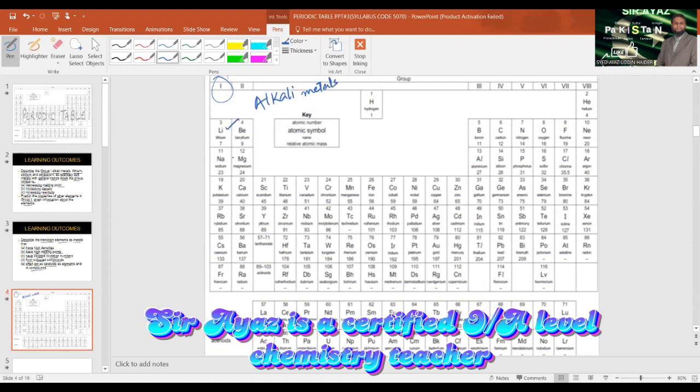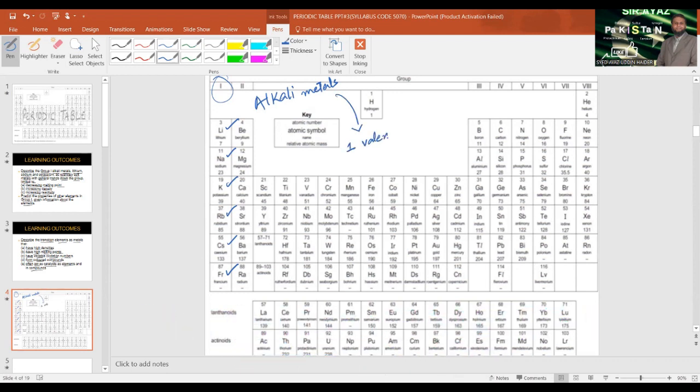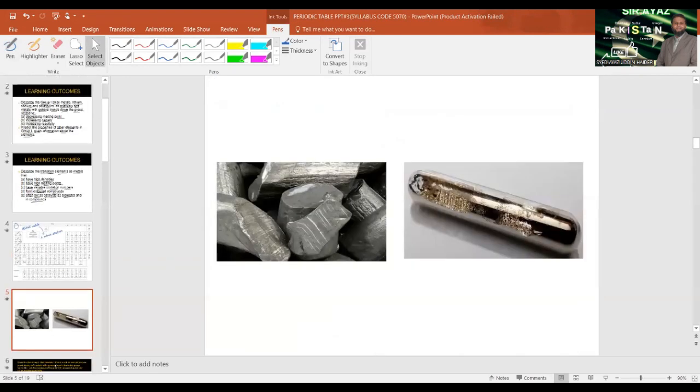We have lithium, sodium, potassium, rubidium, cesium, and francium. These all are alkali metals as they are in group 1. So they have 1 valence electron. Remember, group number tells us the number of electrons present in the valence shell.